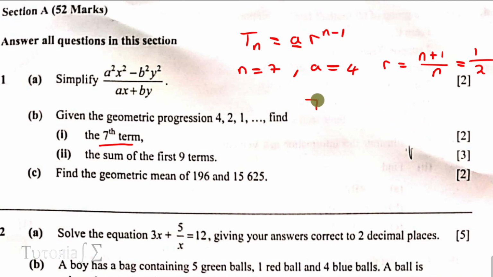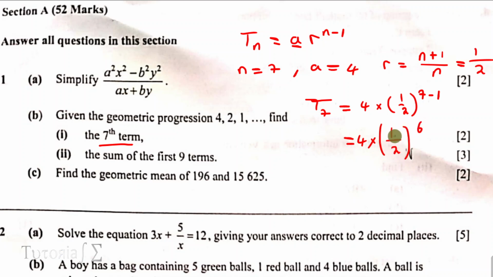So T7 will be equal to the first term, which is 4, times R. We'll put R as 1 over 2 raised to the power 7 minus 1. Now here you have to start with this part that has a power. So you're going to have 4 times 1 over 2 raised to the power 6.